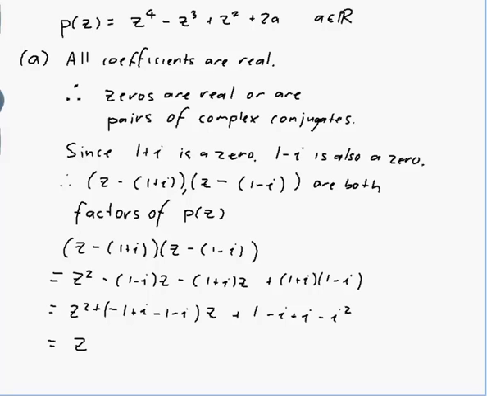So that would be Z squared minus 2Z, because the I and the minus I cancel, and I get 1 minus I squared, which is 1 minus minus 1, which is 2.